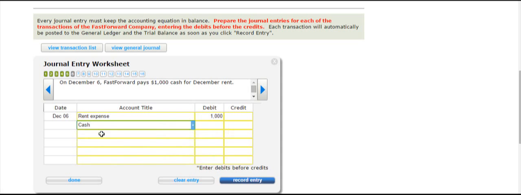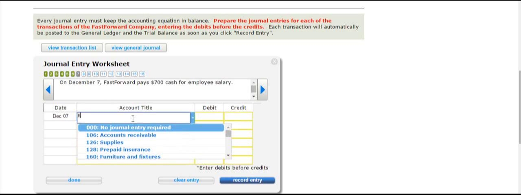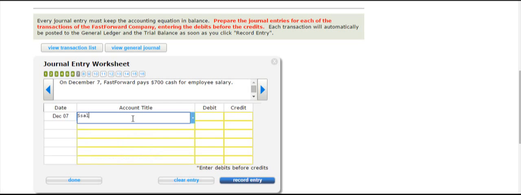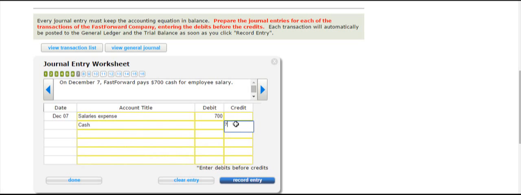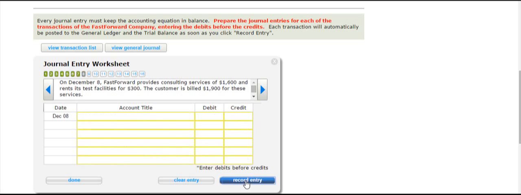Cash $1,000. Salaries, oops. Expense, again cash, $700.